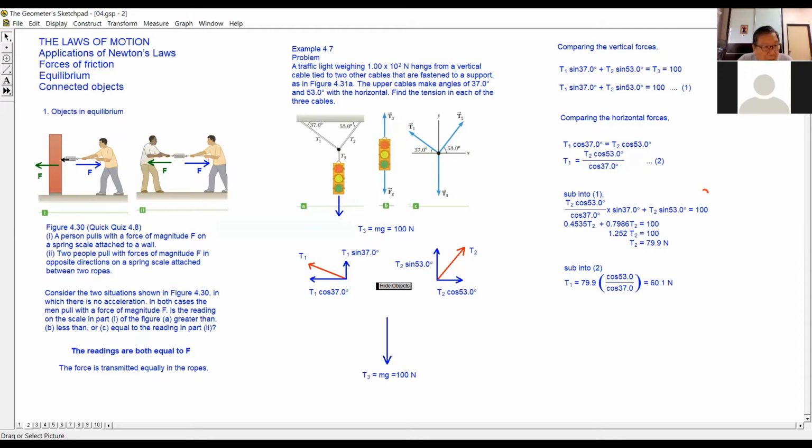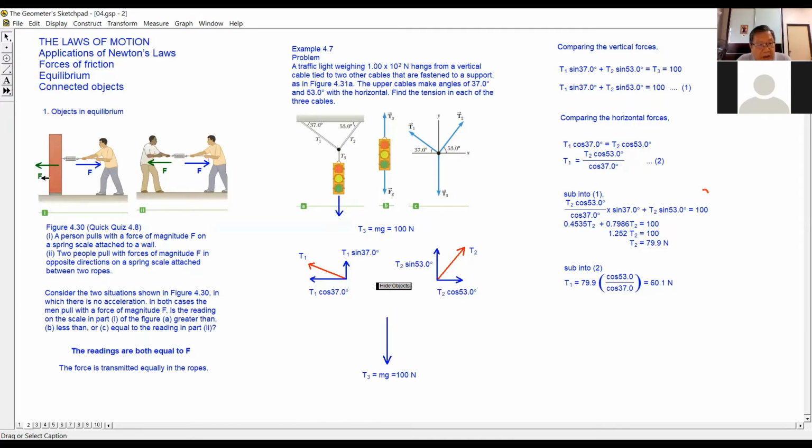And if the wall is not moving, that means the scale is also not moving, the man is also not moving. But it doesn't mean that there is no force. It means that whatever force is exerted by the man, F, is balanced by the force exerted by the wall, but in the opposite direction.